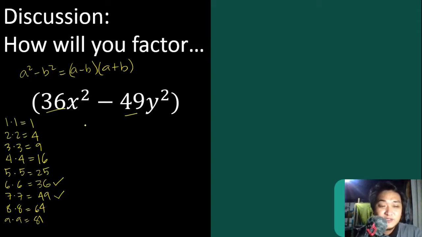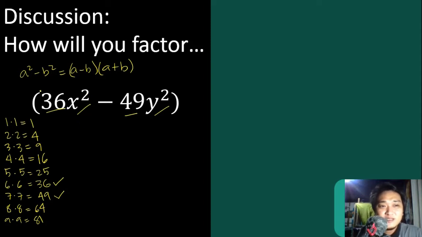So, yung mga perfect square numbers na yun, kailangan familiar tayo doon kasi madalas, yun din yung mga lumalabas sa mga problems natin, especially if we are dealing with difference of two squares. Sige, susubukan na natin, since na-determine na natin na si 36 at saka si 49 is perfect square number sila. Walang problema kay x squared at saka kay y squared kasi obvious naman they are perfect square terms because of the squared or because of the exponent.